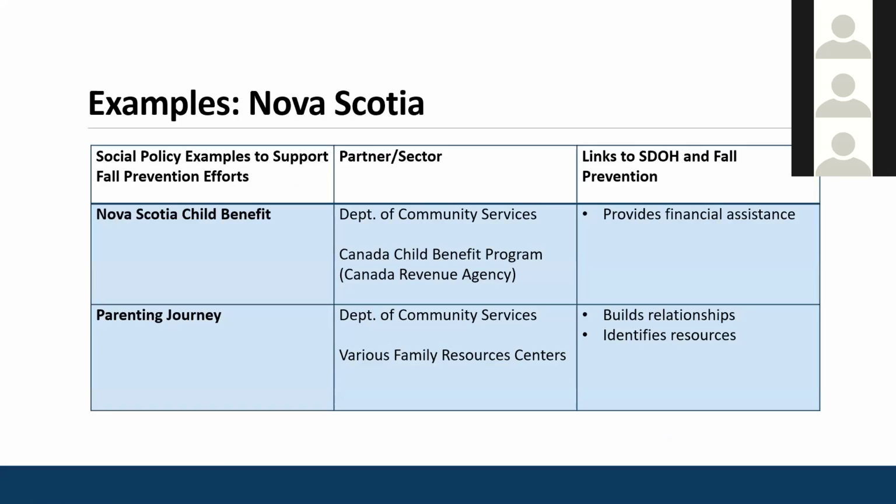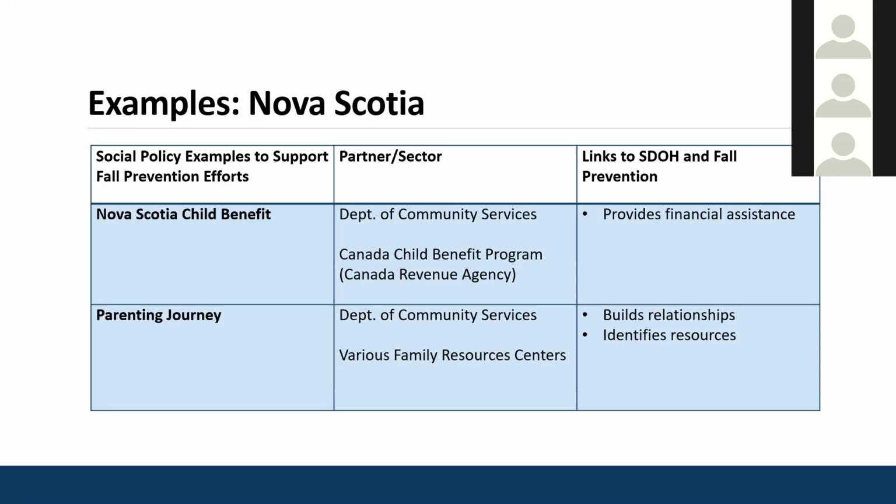So as Jen had mentioned, we did pull out some of the examples by province that are used and can be used or could be used to influence social policy work that we would do or could do. One, within Nova Scotia, is the Nova Scotia Child Benefit, a monthly financial benefit paid to low-income families with children.